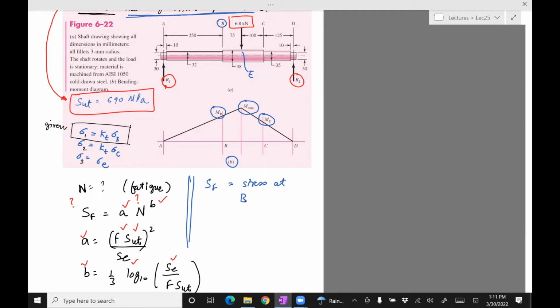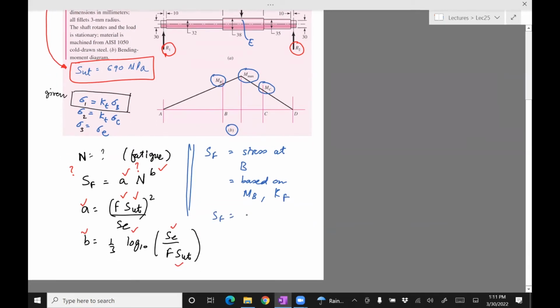It is based on M at B. Clearly, we want to compute M_B, which we can compute from a bending moment diagram. But then there's a change in geometry, so we need a K_t, but we can't use K_t here because this is not static loading. It's variable loading, so we need to compute K_f. So the stress in this case would be K_f times the stress at B due to M_B.